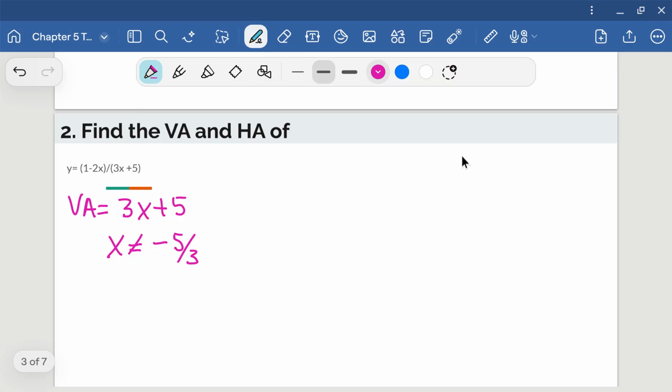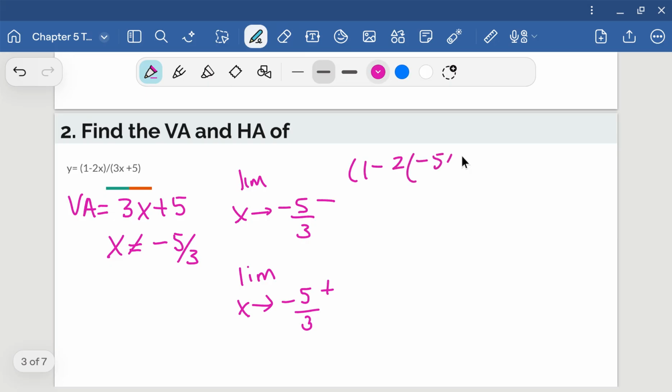So what we want to do is figure out what's happening at that value. So we're going to look at the limit as x approaches negative 5 over 3 from the left, and we'll also look at the limit as x approaches negative 5 over 3 from the right. So with that first bit, I'm just going to plug in the value into the numerator. We have 1 minus 2 times negative 5 over 3.